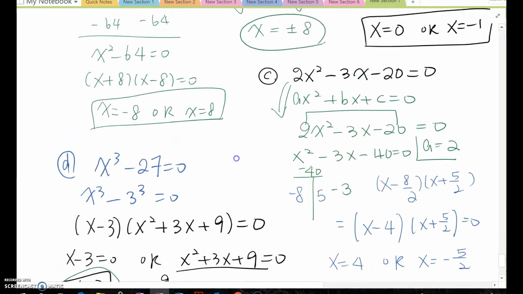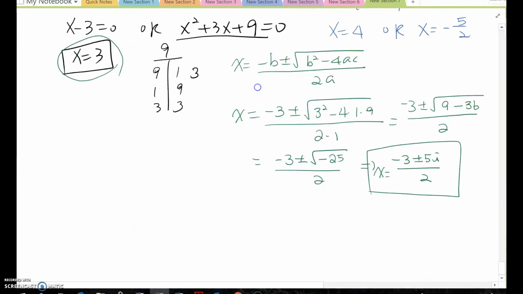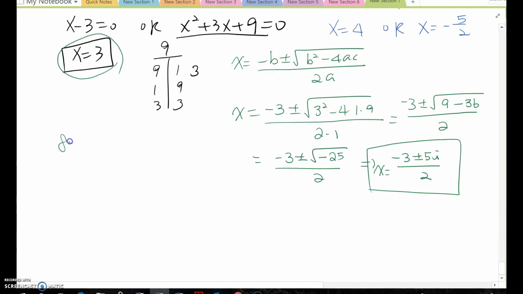Now, e is x^4 minus 1 equal to 0. Because 1 to any power is still equal to 1, you can rewrite this as x^4 minus 1^4 equal to 0.